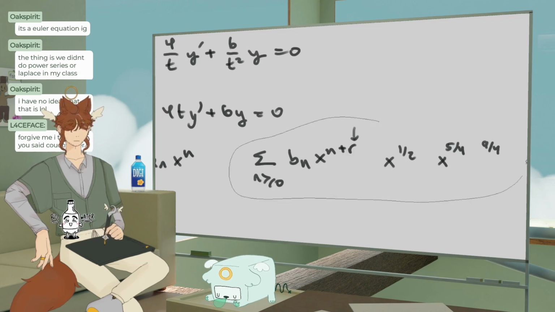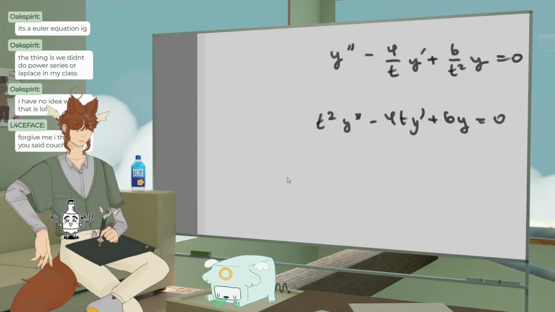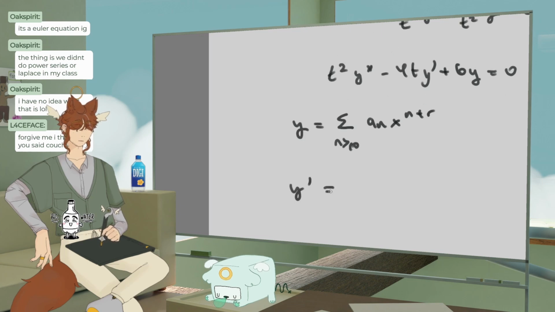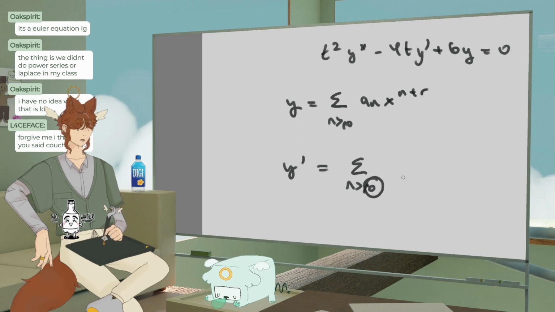To solve this, you would set up your y to be equal to the sum from n greater than or equal to 0 of a_n x to the n plus r, and then your derivatives are going to be... The one thing you have to be careful about is if you've done power series, this number is going to be able to be increased because that constant turns out to be 1, but in these we can't do that because it's n plus r.